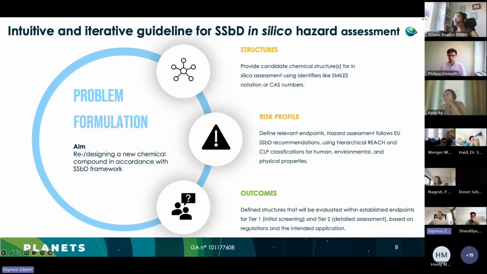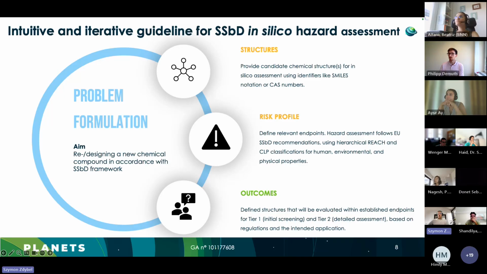Most commonly it would be SMILES notation or CAS number. Next, we define the relevant endpoints. Hazard assessment must follow the European Union SSbD recommendation. This means utilizing the hierarchical REACH and CLP classifications to cover human health, environmental impacts, and physical properties.